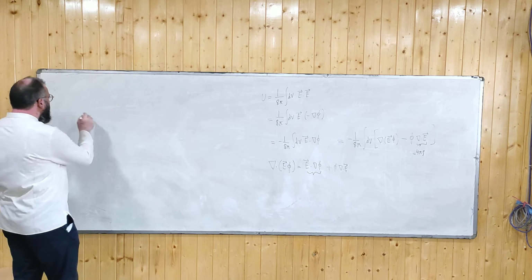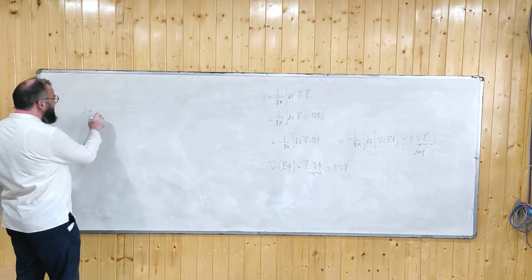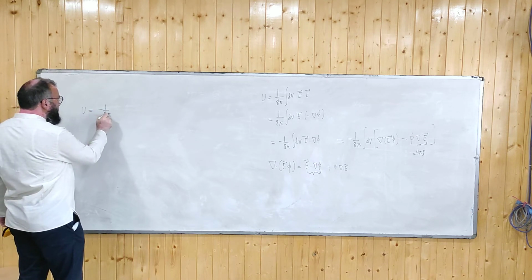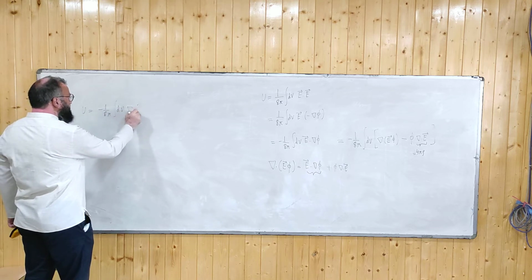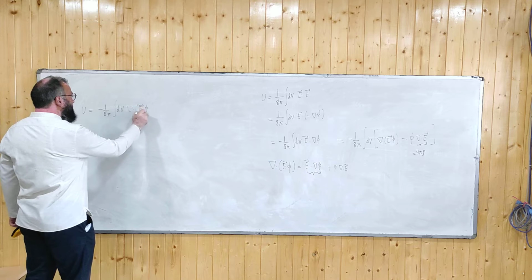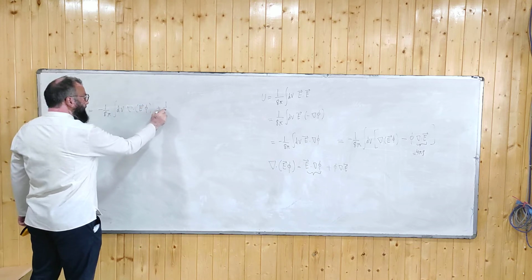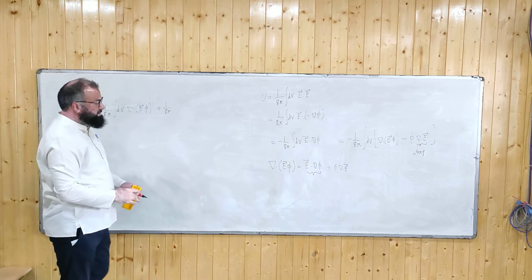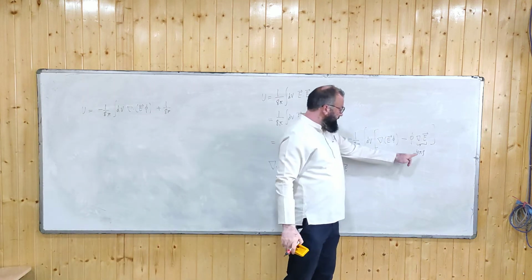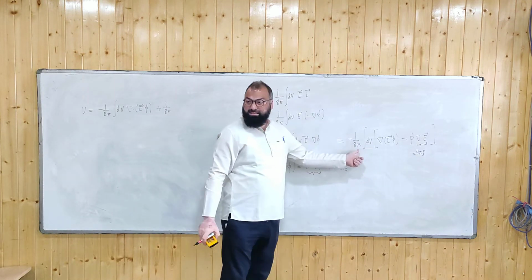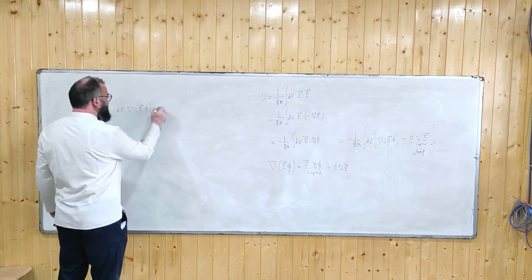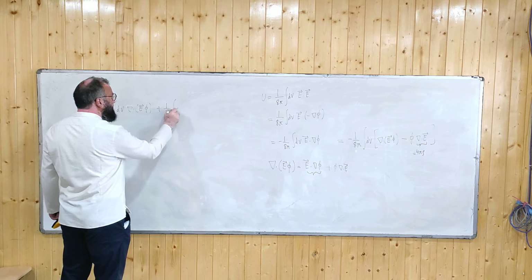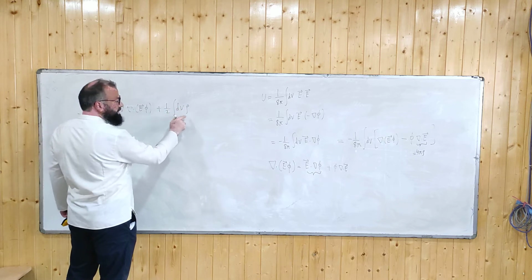So I have this formula again: minus 1 by 8 pi integral dV divergence of E phi, then plus 1 by 8 pi times 4 pi rho phi. Since there is a 4 pi here, the 4 pi cancels and 1 by 2 remains, so it's simply half integral dV rho times phi.